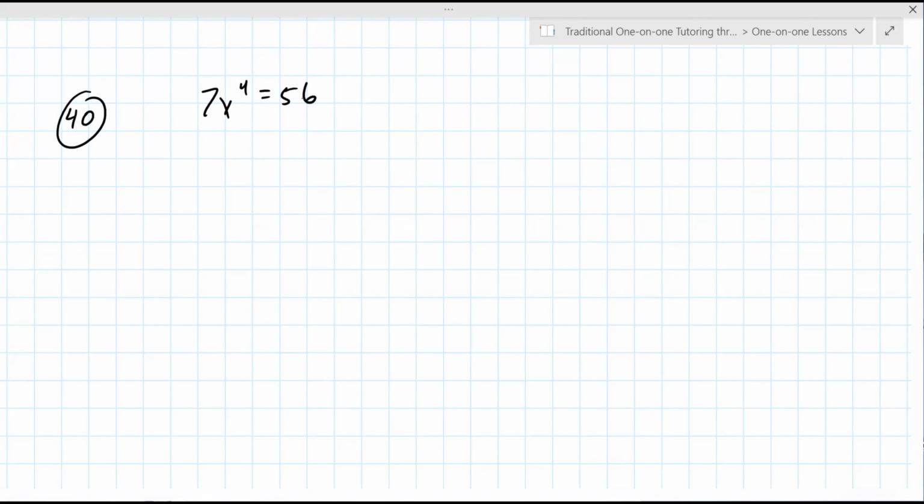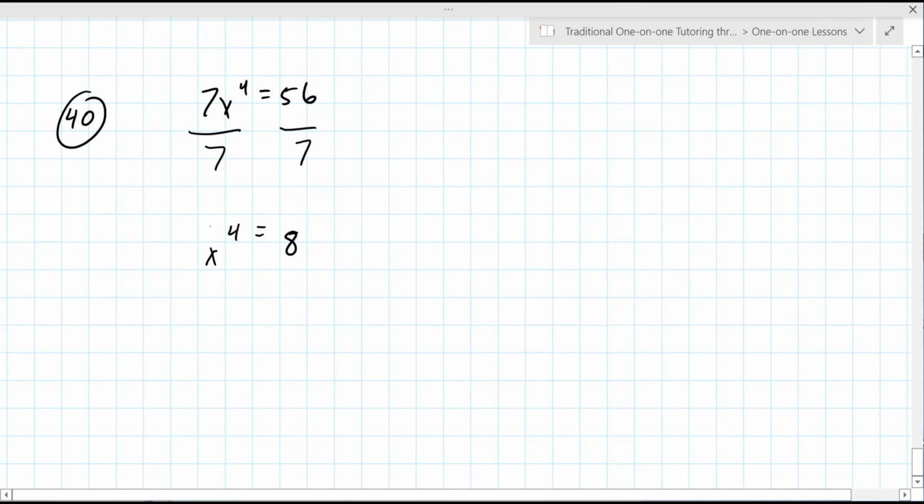Oh, right. If there's a number multiplying, dividing, adding, or subtracting, you get rid of that first, unless it's in parentheses. So divide both sides by 7. Then x to the 4th equals 8. And then we do the 1/4 power. But because it's even, there are 2 solutions. So that's what your instructor is saying, plus or minus.